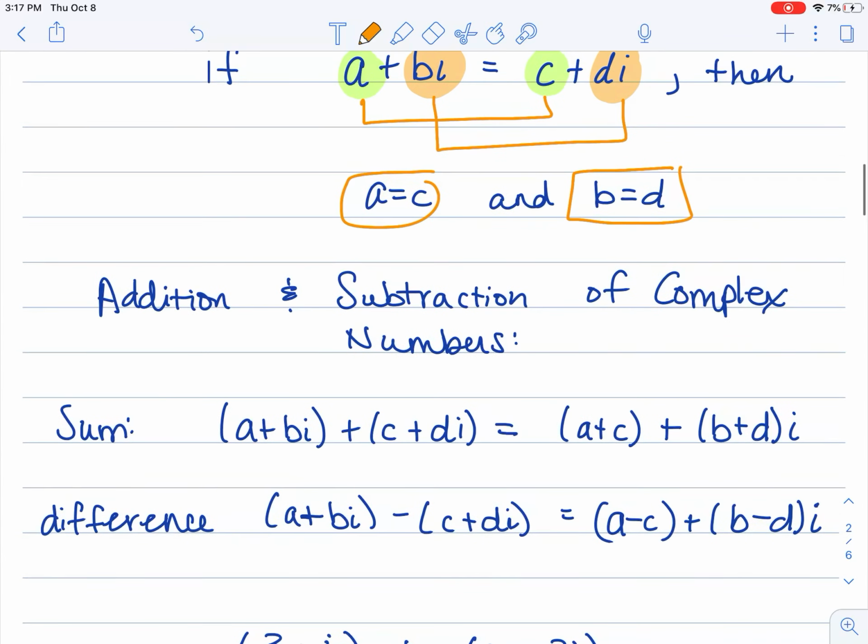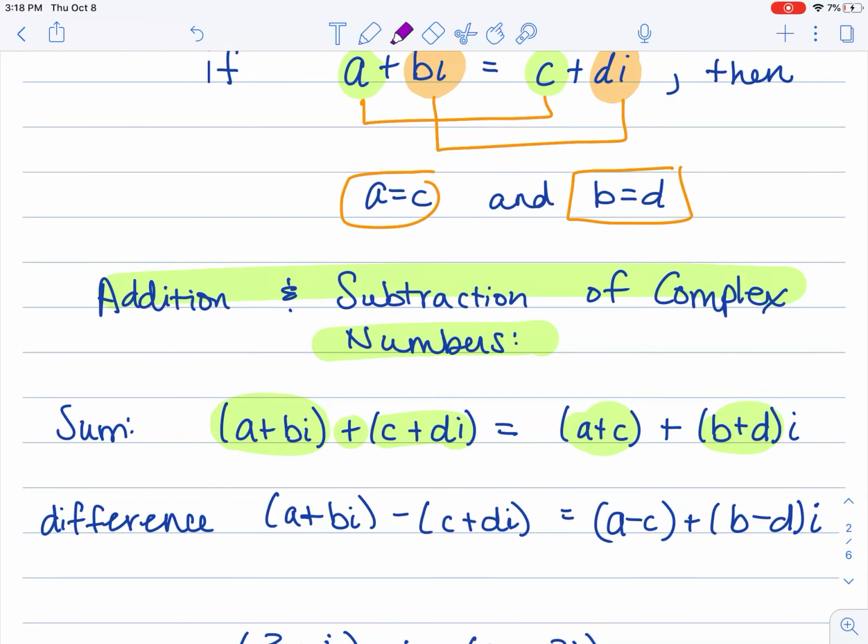So how do we do addition and subtraction of complex numbers? Well, if I add some complex number a plus bi plus c plus di, I can simplify that and take our real parts, which is a plus c, plus, and then take the imaginary parts and separate them out as well.